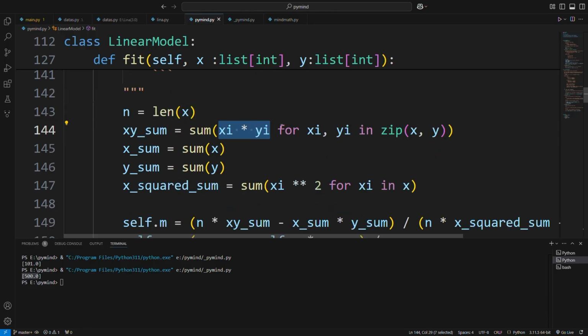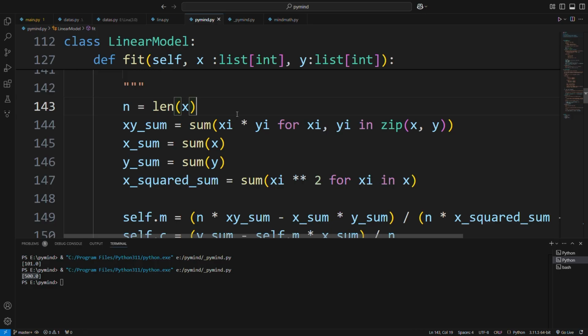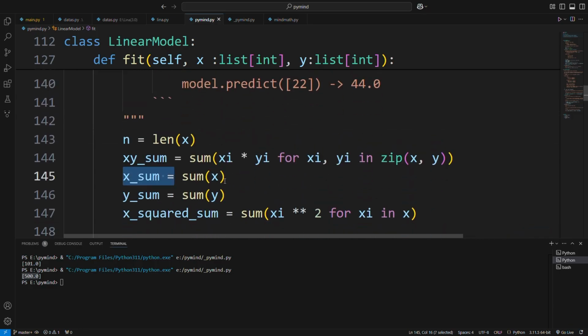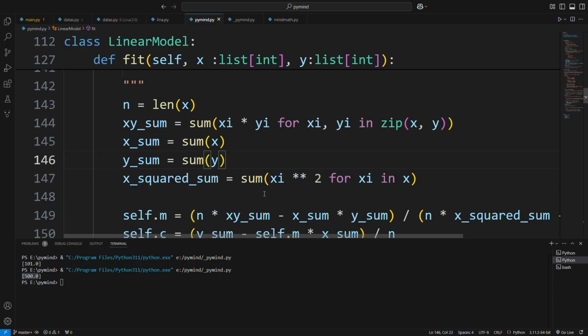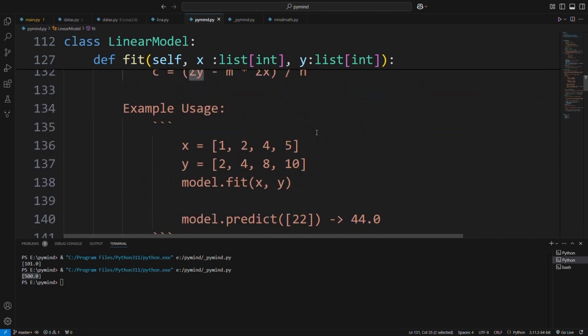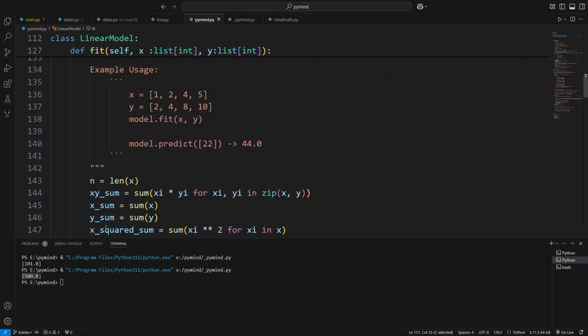xi into yi for xi and yi in zip xy. Actually it won't do it, I guess. Okay, whatever. Now the sum of x, that's sigma x. Then sum of y's, this one. Then we just did the x squared sum.